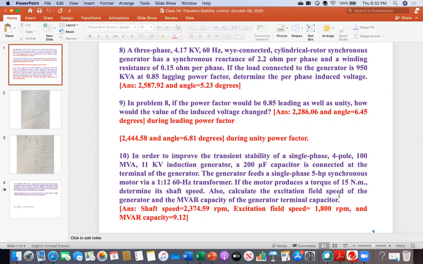Please check the VAR capacity. Lakshmi said she already got that one as well. Lakshmi, did you get exactly the same number? Yes, Dr. Ali, I got 9.123 MVAR. Okay, this is fine.